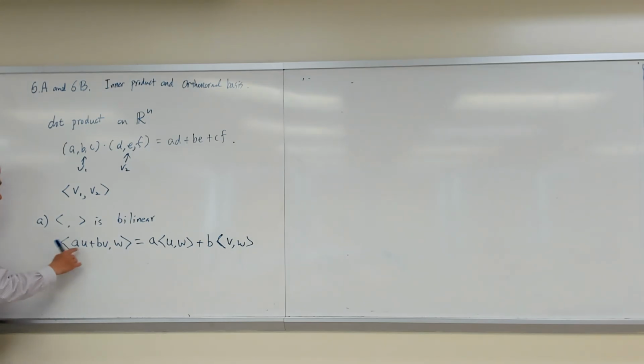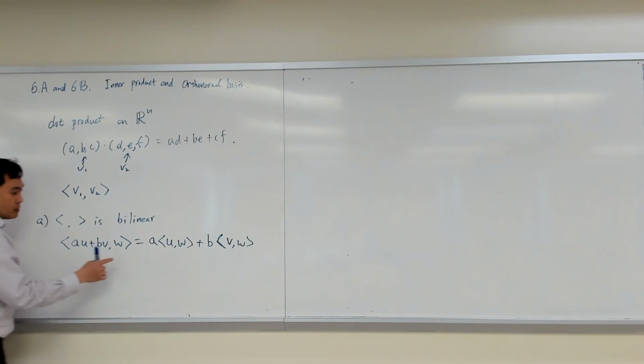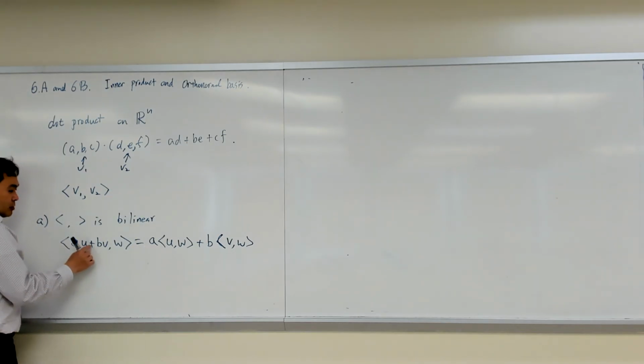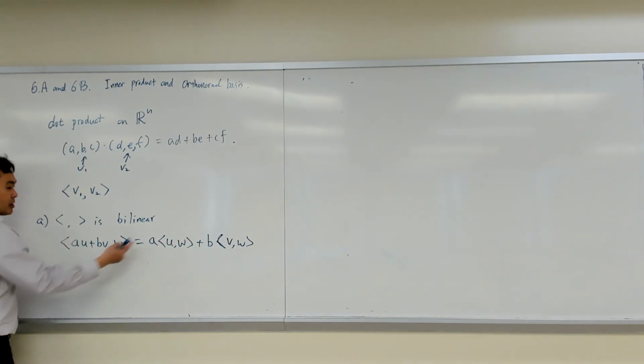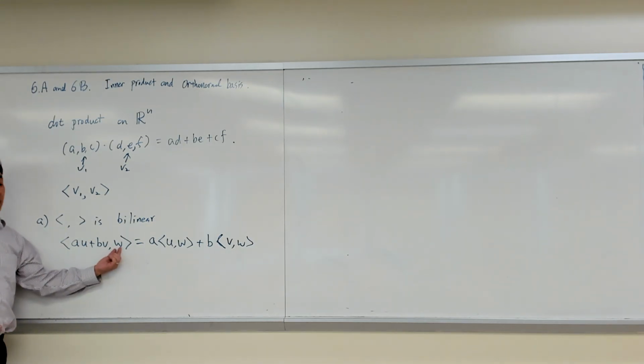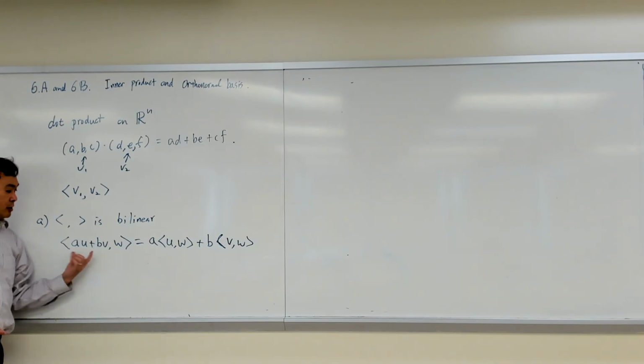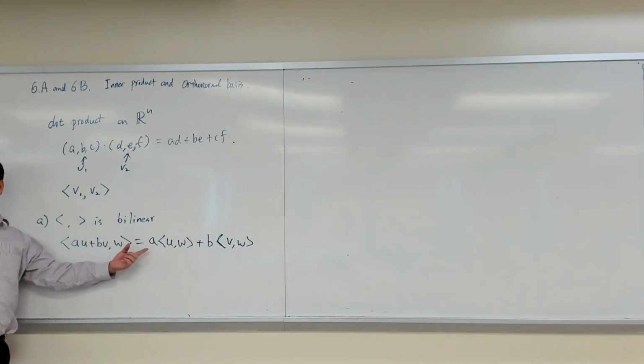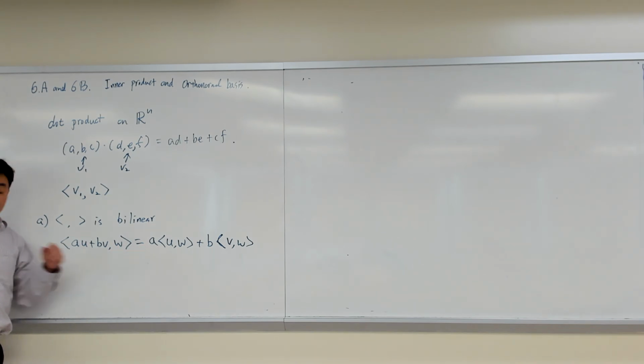See how this is the same as this, like the addition splits and constants can be brought outside. So that's exactly the same as saying that if you fix the second vector and you think of it as a function of the first vector, then it's a linear function. Does that make sense? Okay.